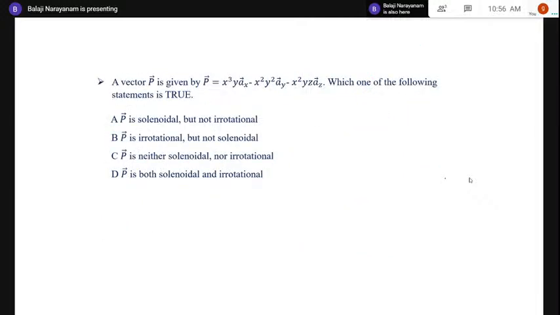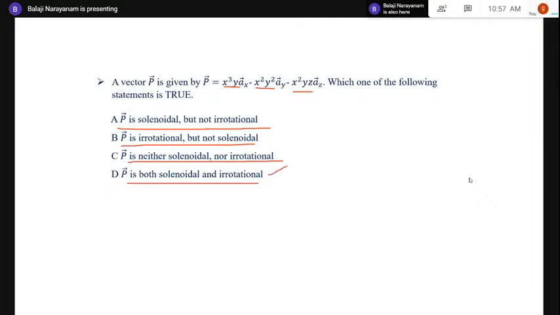Now a vector P bar is given, right: x cube y ax bar minus x square y ay bar minus x square yz az bar. Which of the following statements is true? P bar is solenoidal but not irrotational, P bar is irrotational but not solenoidal, P bar is neither solenoidal nor irrotational, or P bar is both solenoidal and irrotational.